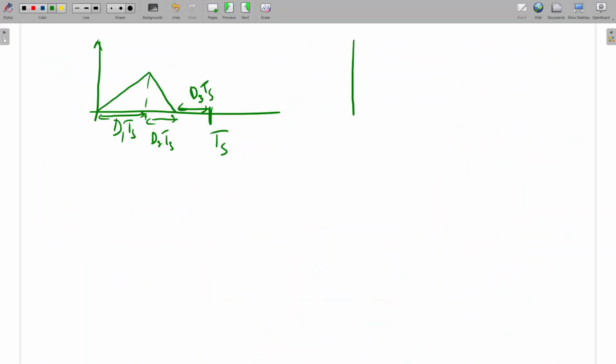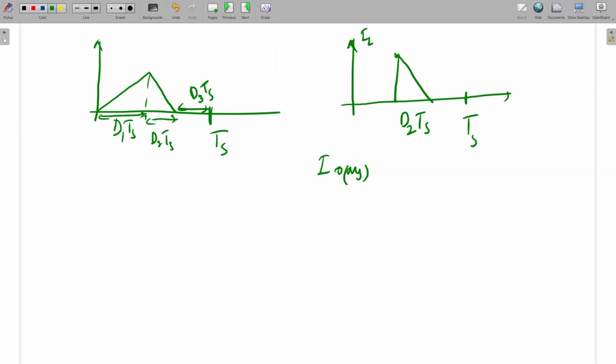This is D2 TS and this is TS. If we calculate the average of this waveform, then it will be the average of the output current. Is it clear to all?